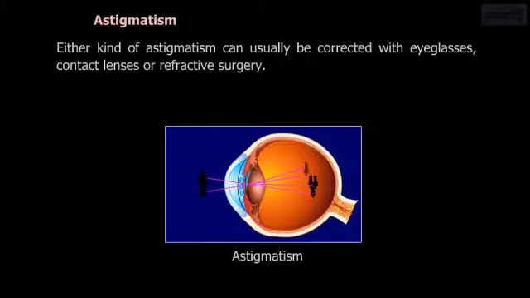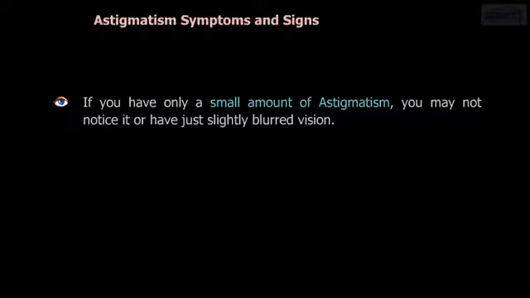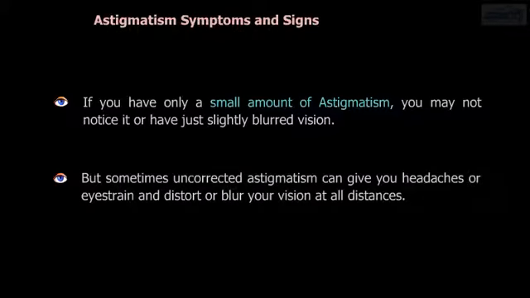Astigmatism, symptoms and signs. If you have only a small amount of astigmatism, you may not notice it or have just slightly blurred vision. But sometimes, uncorrected astigmatism can give you headaches or eye strain and distort or blur your vision at all distances.